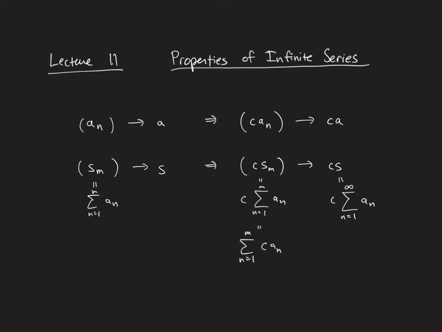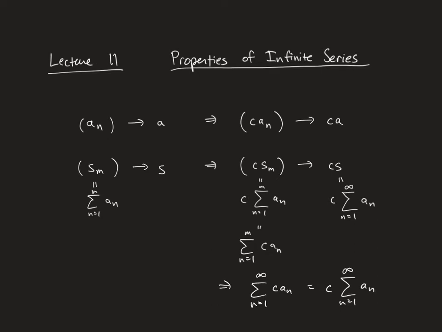And so here we have these partial sums approaching this thing, and as m goes to infinity, we would write just infinity on the top there. So that implies that the sum from n equals 1 to infinity of C a_n equals C times the sum from n equals 1 to infinity of a_n.